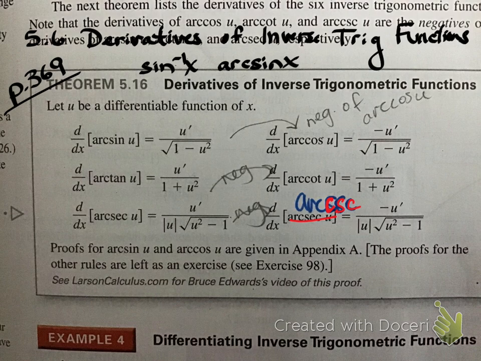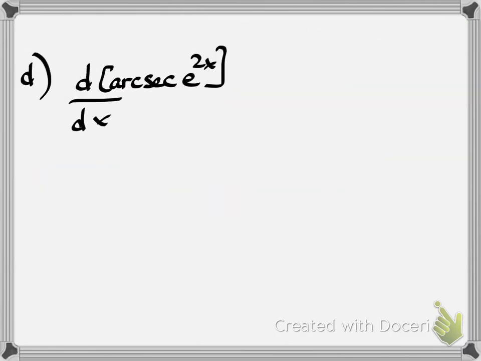Okay, so arccosecant's rule, not arcsecant. I'm not sure if I said that right or not. So we are going to fill into this formula. This is our u. So the derivative would be u prime.